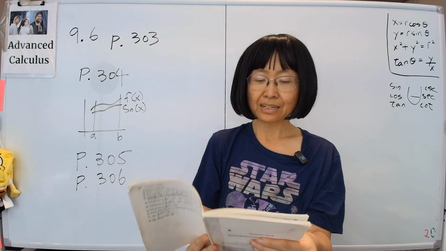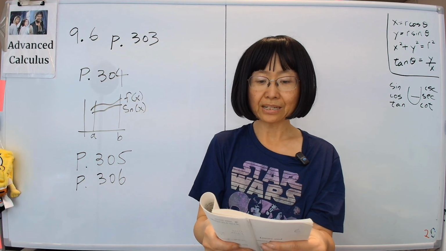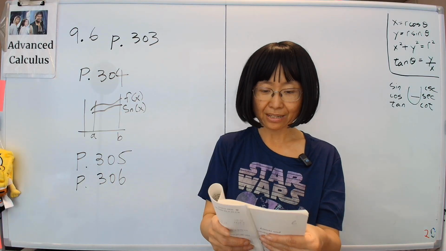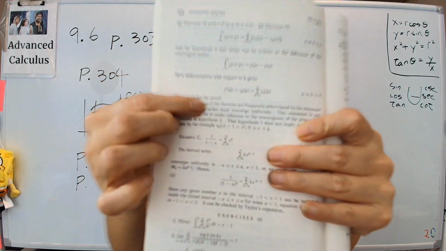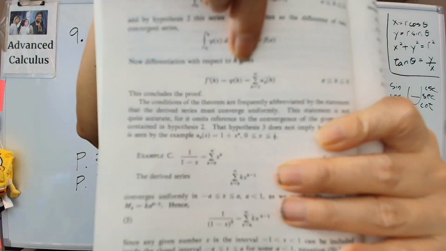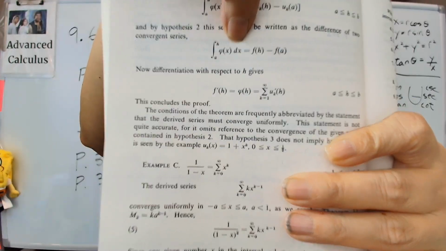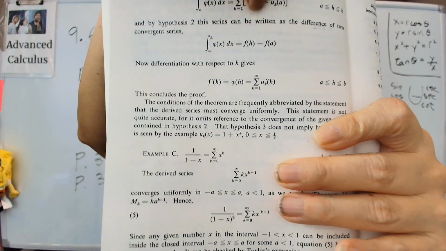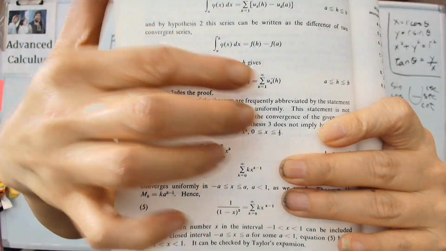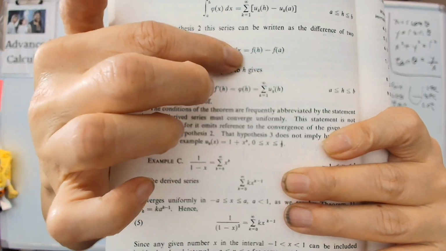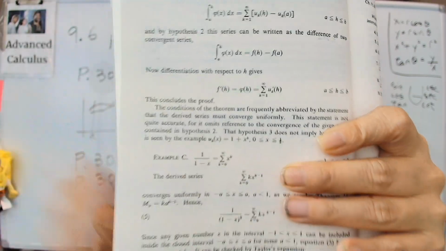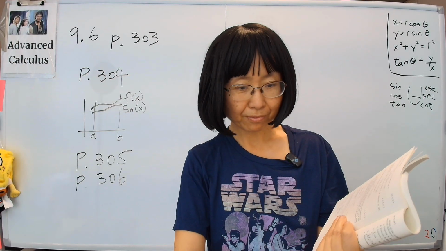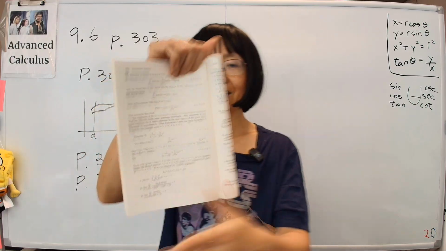The next step we're going to do is differentiate both sides with respect to h.